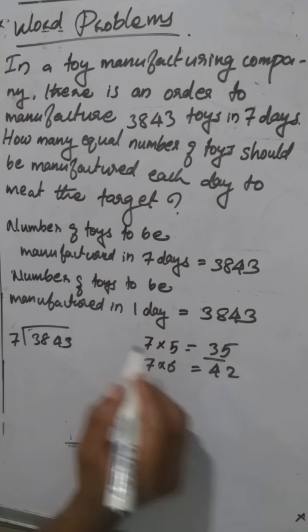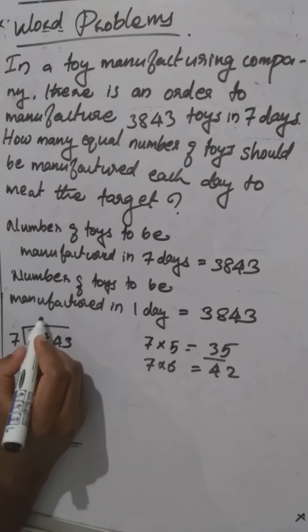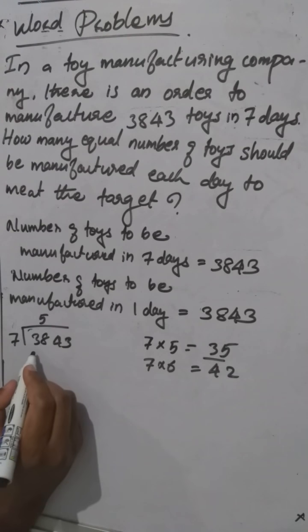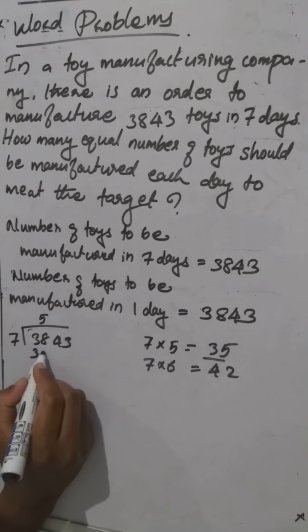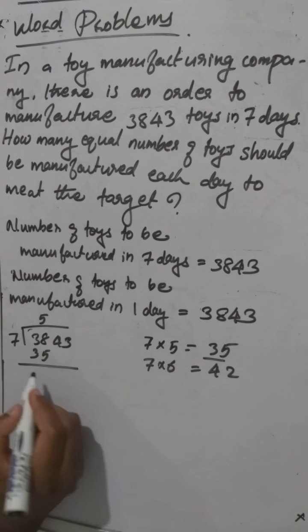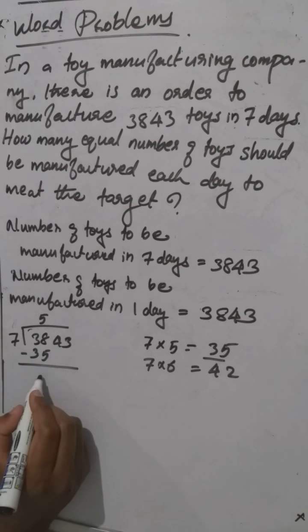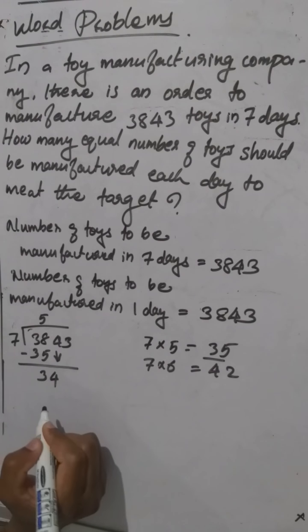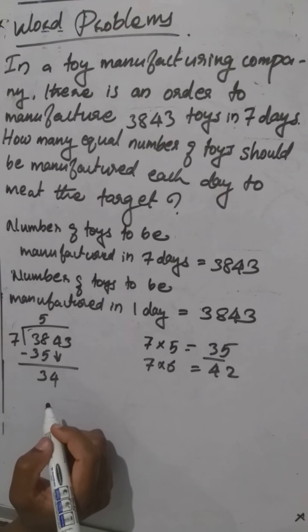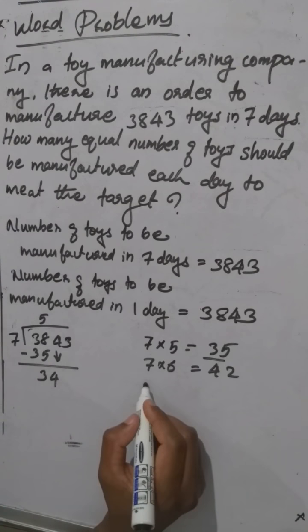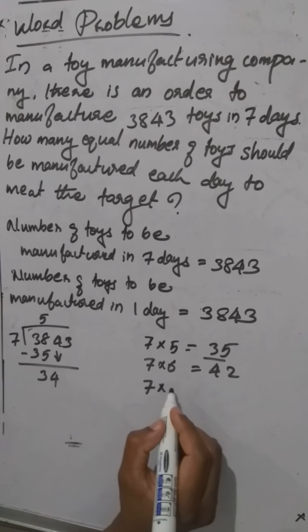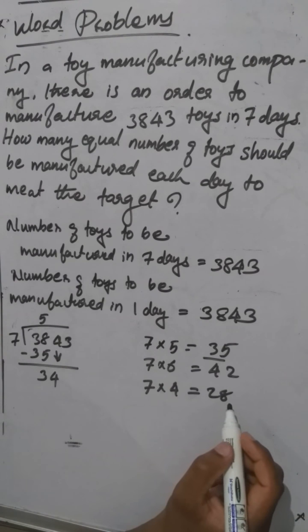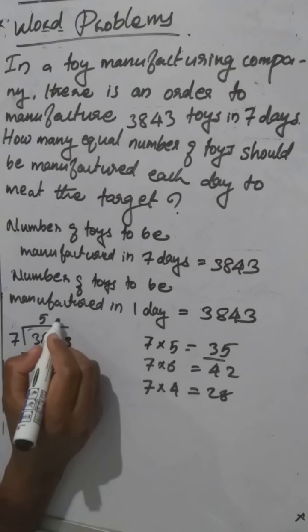So we have to take this 35. 7 fives are 35. 38 minus 35, 3. It is 4 below. 34, how many 7s are there in 34? You know that 7 fours are 28. So only 4 sevens are there.